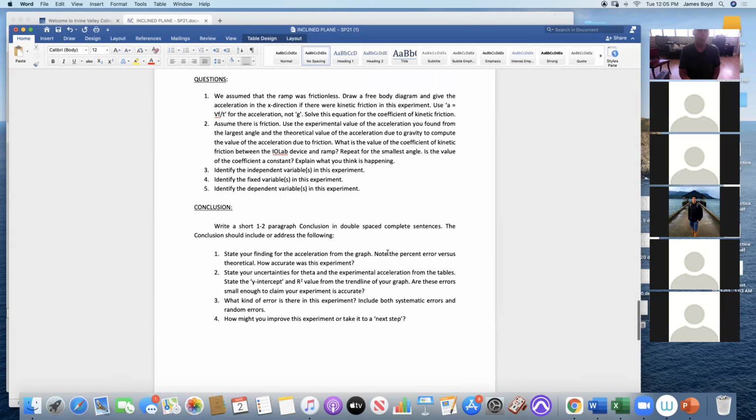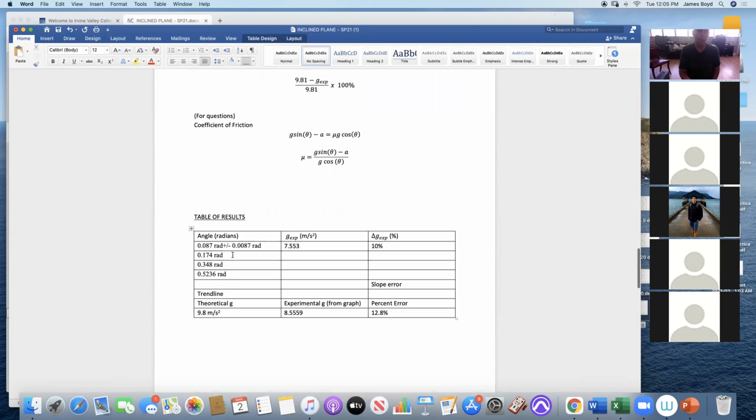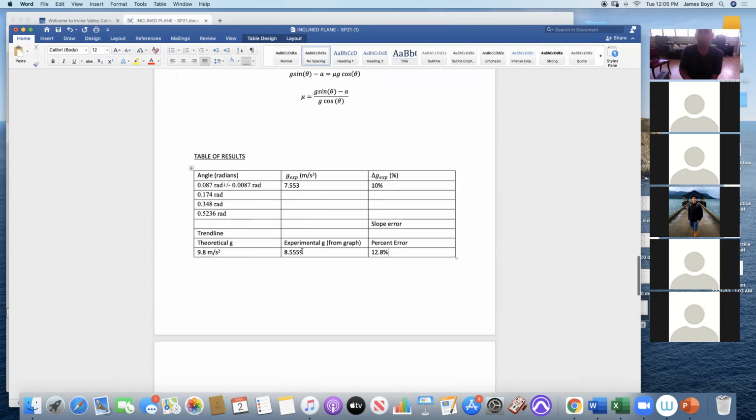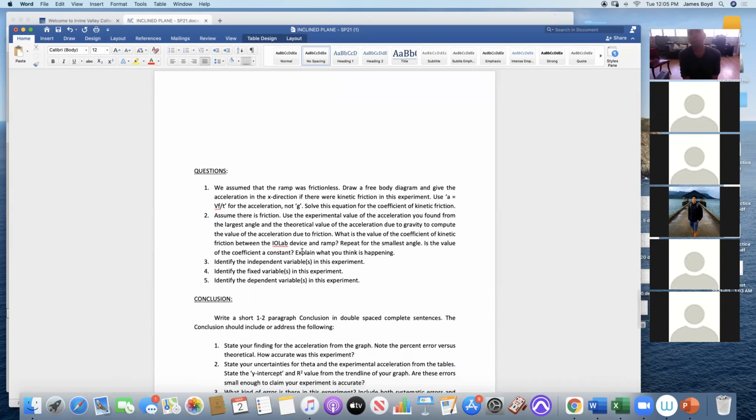So I got 0.02 for 5 degrees, and I got 0.072 for 30, almost 4 times greater. The coefficient of friction was 4 times greater at 30 degrees. And what you should see when you do those, if you did all of them, is the coefficient of friction goes up with our angle, but what else goes up with the angle?